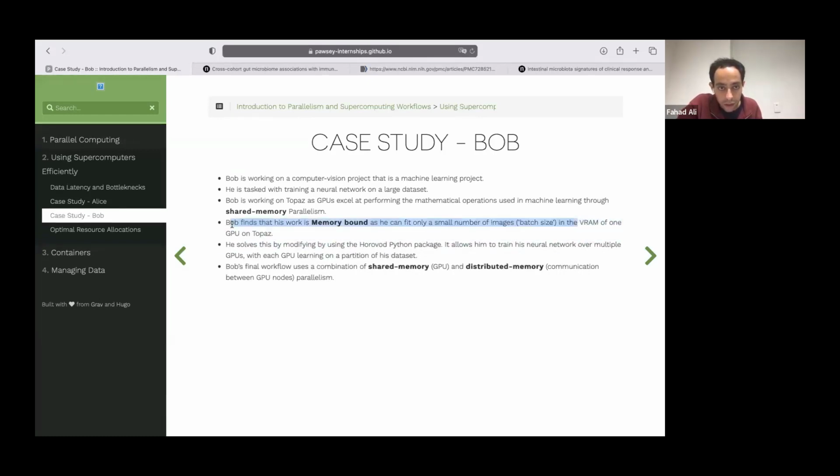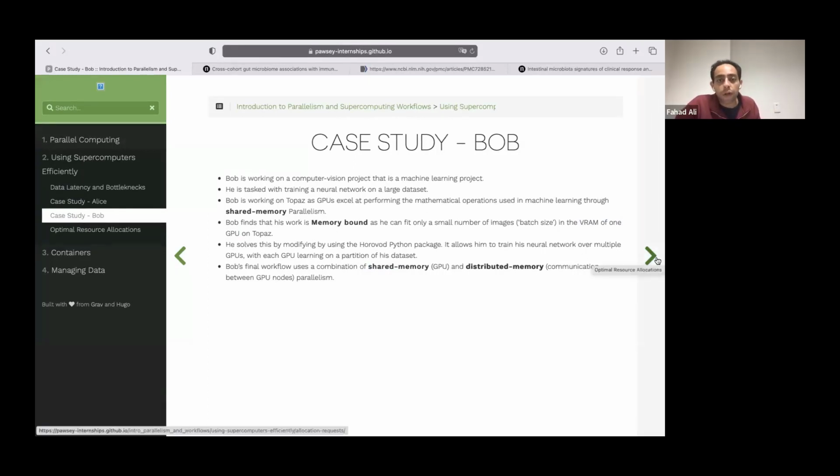The VRAM of one GPU, the processes working on that, would be considered shared memory, right? But we also need a distributed memory solution here, because we're distributing it over GPU nodes, so we need VRAM that is particular to different processes as well. So we have shared memory and we have distributed memory. That is an example of how you would resolve a problem like this.